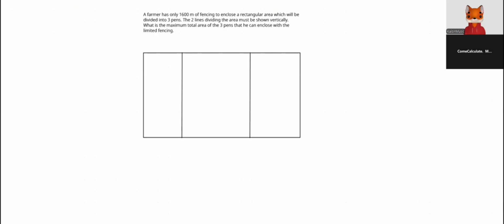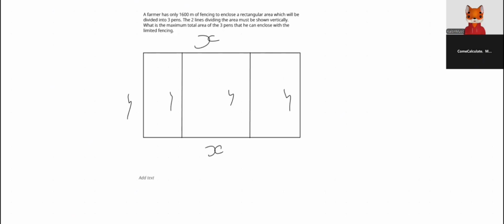So now there is X, X, Y, Y, Y, Y. So that is going to be our perimeter. This means that the total fencing required will be 2x plus 4y.